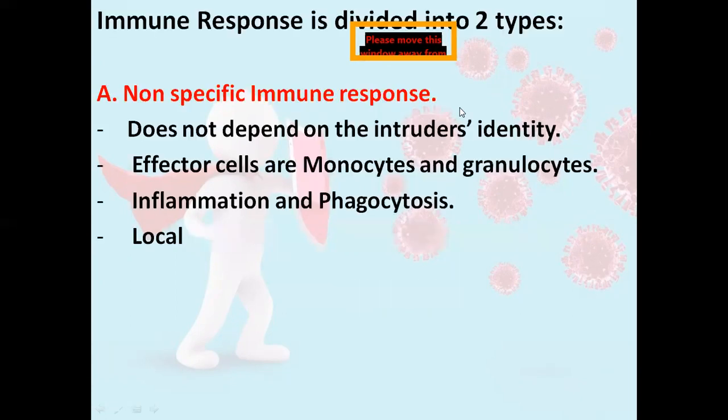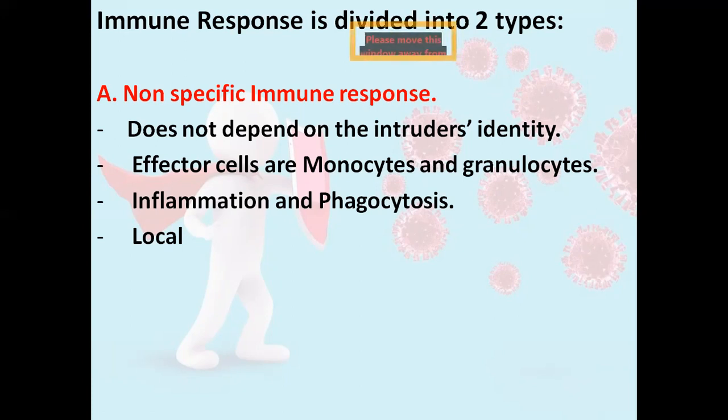Before we start, let's make a quick revision about the immune response. The immune response is of two types. The first type is the non-specific immune response. It does not depend on the identity of the intruder. Its effector cells are monocytes and granulocytes.